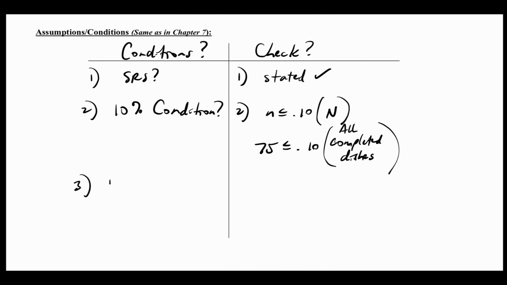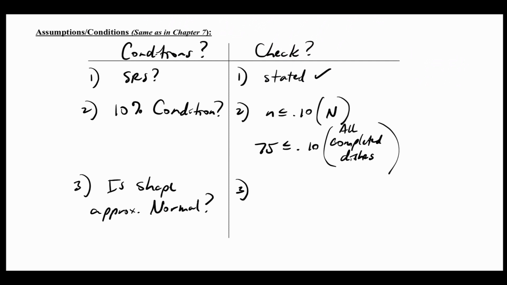Last one. Is the shape approximately normal? Number 3 is the one that varies from means to proportions. So be careful with that one. For this one, remember, it's proportions.